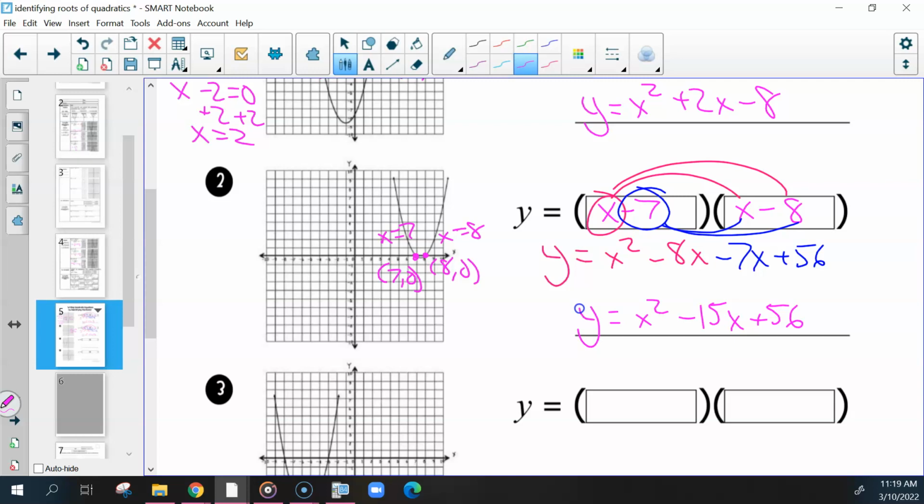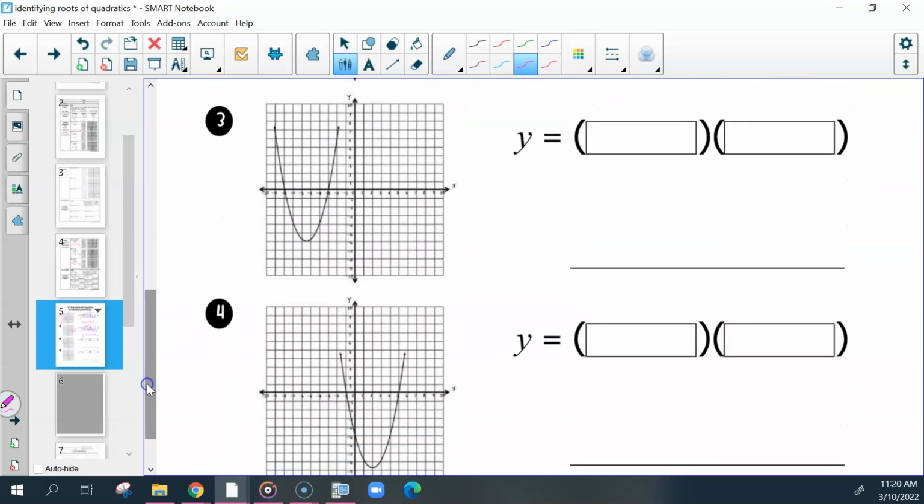Do we have any questions on how we find the factors, get it in factored form, distribute, or find our final quadratic equation? If not, take the next 5 minutes and do numbers 3 and 4, and then we'll go over those after that.